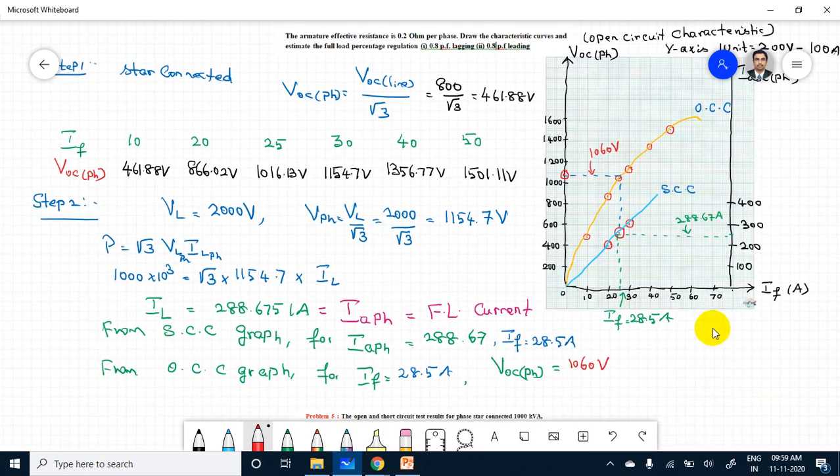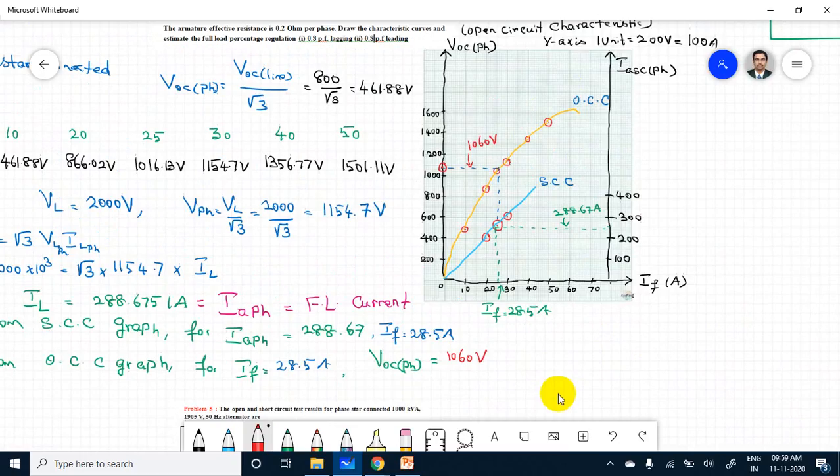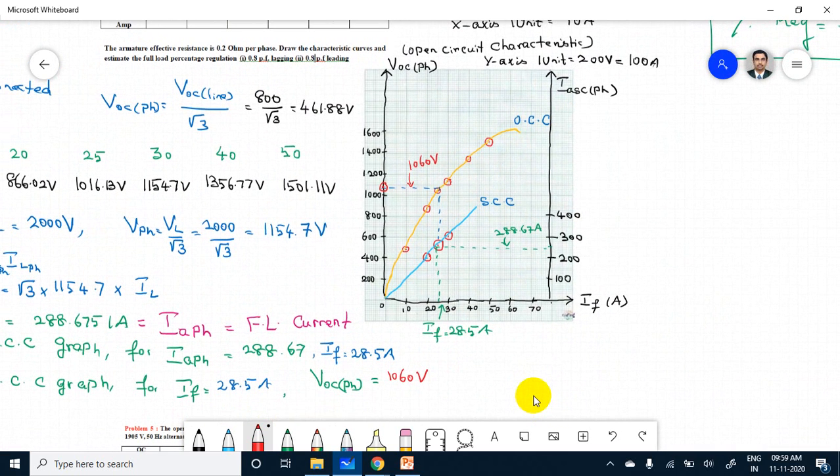Now using these parameters we can calculate ZS. ZS is equal to VOC phase divided by IASC, the short circuit current phase. VOC phase is 1060 divided by 288.67, so we get 3.672 ohms.